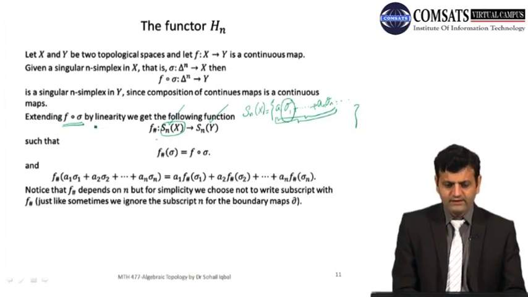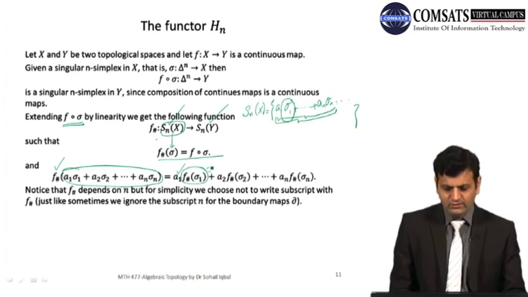We extend this by linearity. Extending by linearity means that if I have a general element of Sn(X), I assume that f lower hash of sigma is equal to f composed with sigma. So whenever I want to calculate the image of a singular n simplex inside X under this f hash, I just take the composition. So f hash is linear; in other words, I can take out these integers and apply f hash on sigma 1.